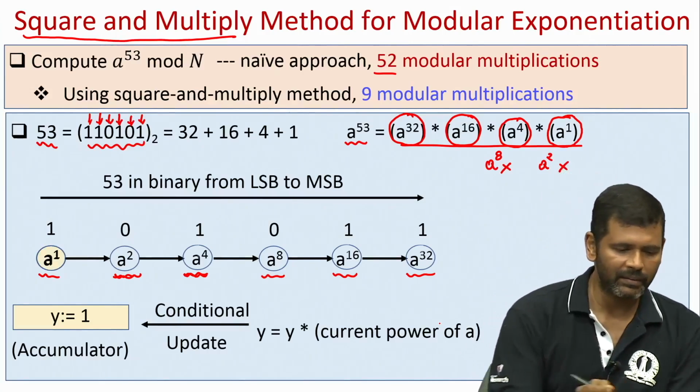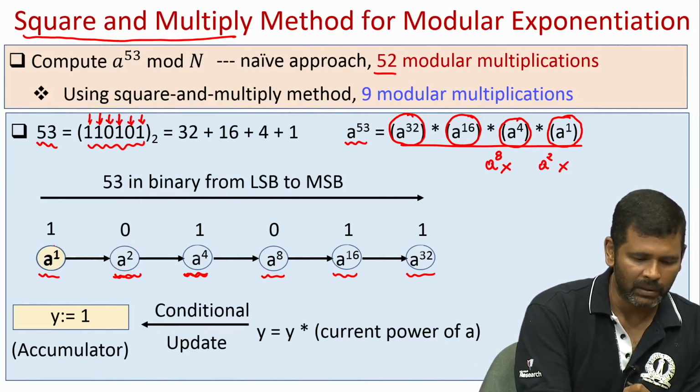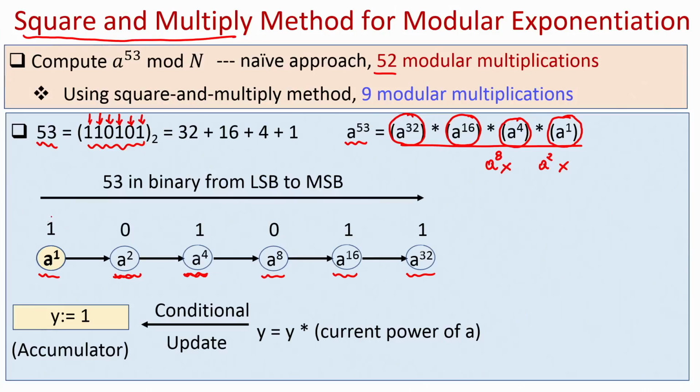So, for instance, I will start with a power 1 and I have to accumulate it because my current bit is 1. So, I will accumulate it and my accumulator will become a power 1. Now, I will go to the next iteration and I will do a square to get the next power of a, that will need one modular multiplication and I will obtain a square, and I will check whether I need to accumulate this power or not.